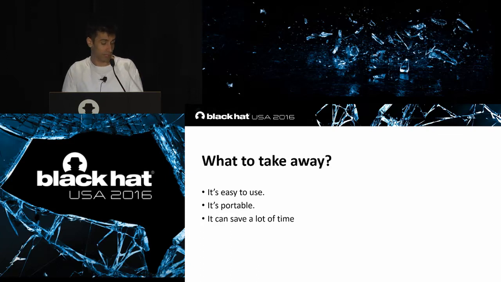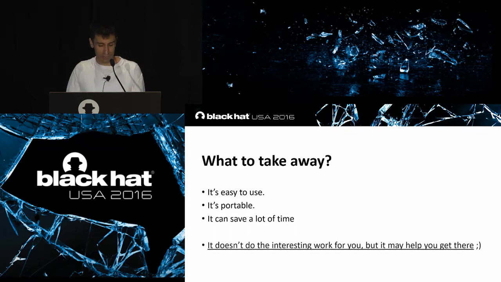Now, what can we take away from this? Honestly, I find myself using this tool because it saves me time, and it's easy to use. So I hope you guys will give it a try, but it doesn't do the interesting work for you. It might help you get there.